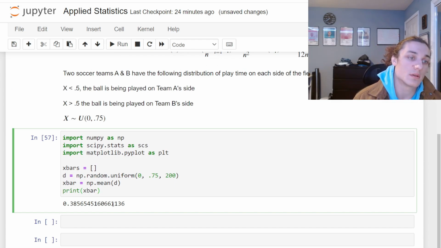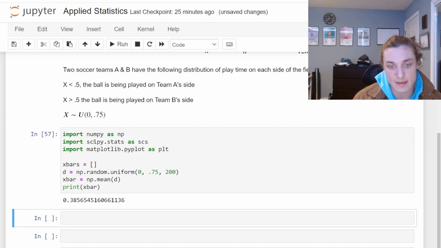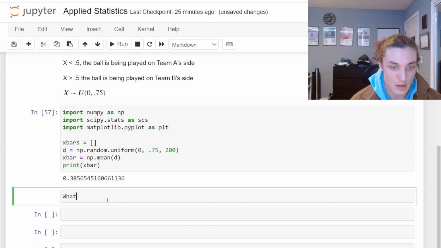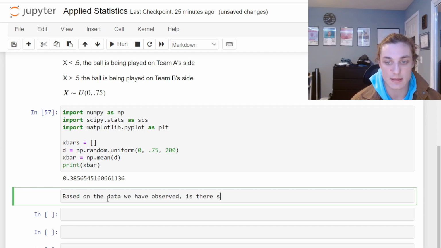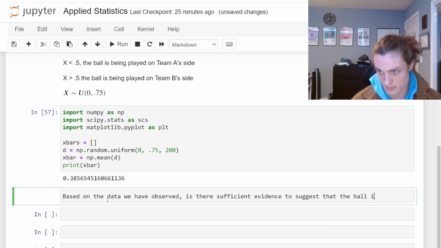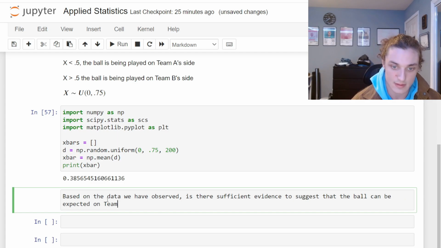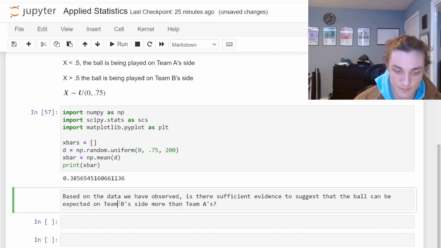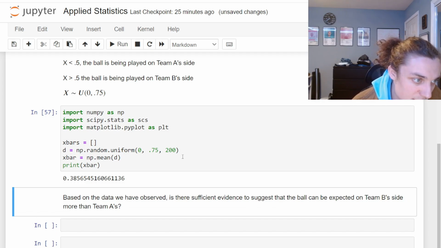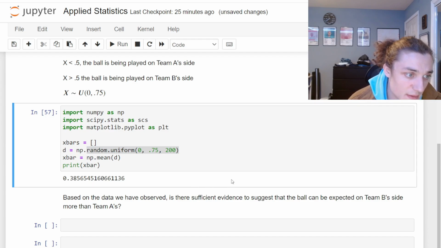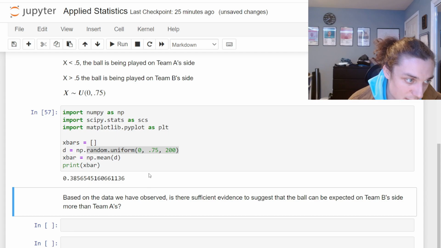Now I'm going to pose a question, and we're going to answer it using the central limit theorem. What I want to ask is essentially: based on the data we have observed, and that is simulated from this distribution here, is there sufficient evidence to suggest that the ball can be expected to be on team B's side more than team A's?